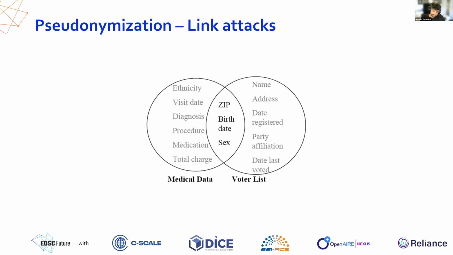So these two data sets had for every person three common attributes, which were the date of birth, the sex, the gender, and the zip code.